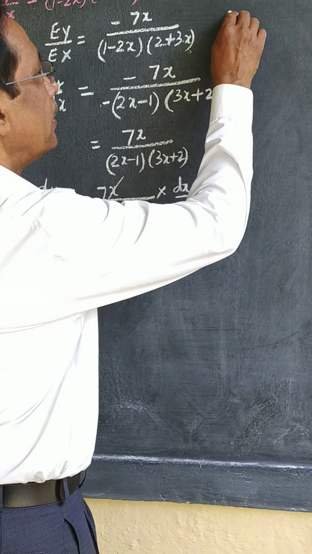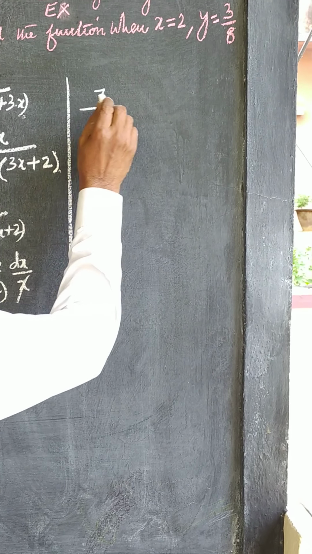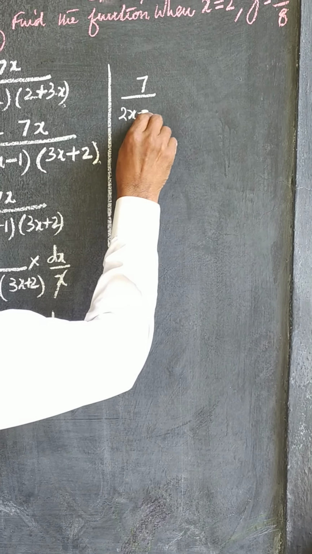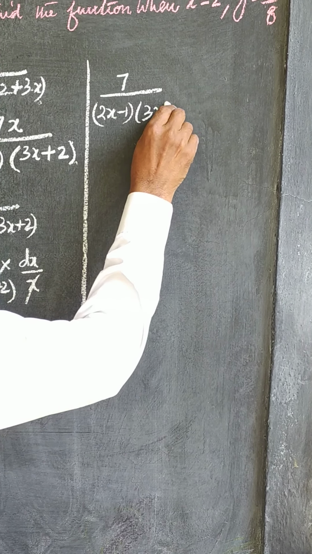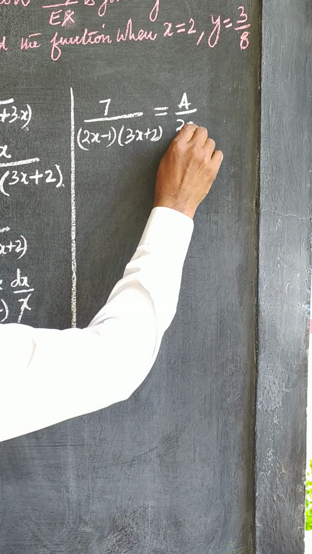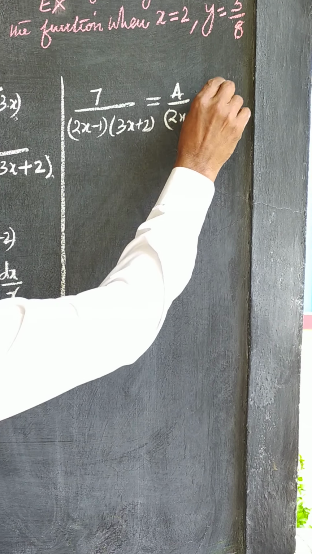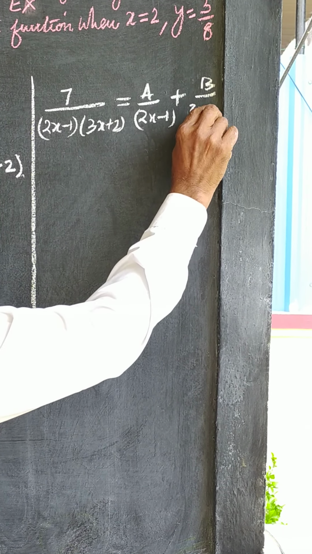Now, we know the partial fraction, that is 7 by 2x minus 1 into 3x plus 2 can be written as a by 2x minus 1 plus b by 3x plus 2.